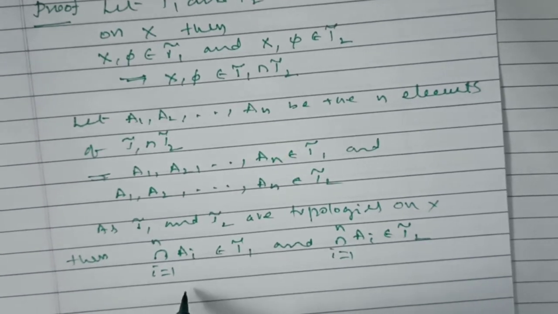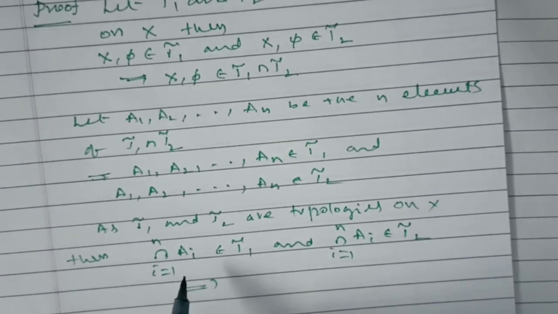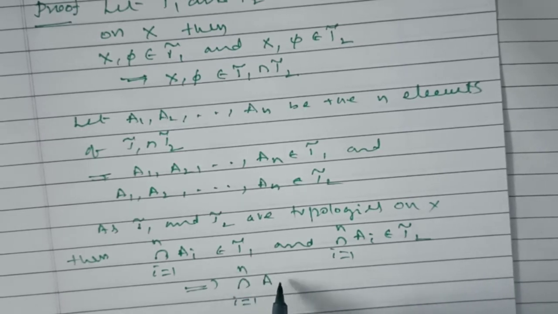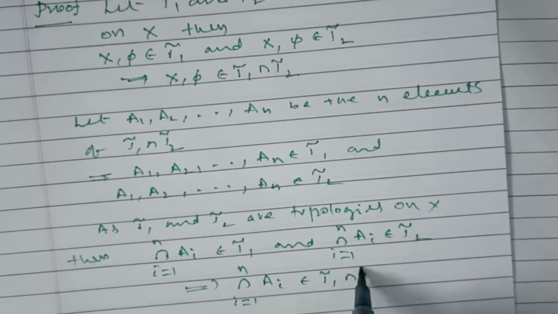This implies the intersection of Ai, i is equal to 1 to n, belongs to τ1 intersection τ2.